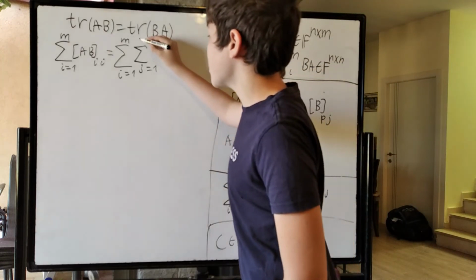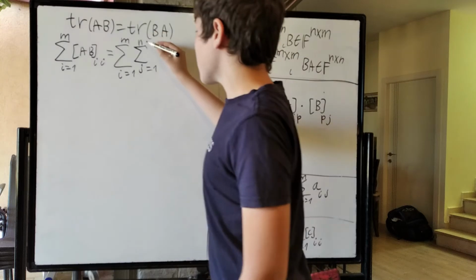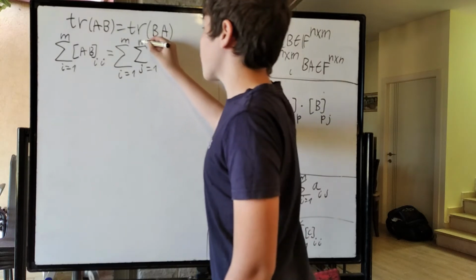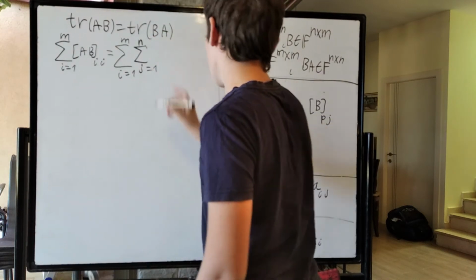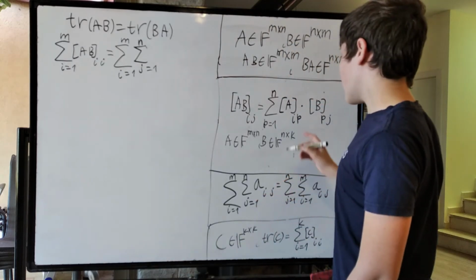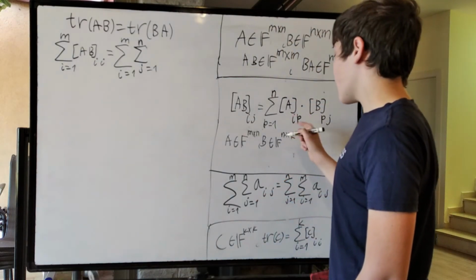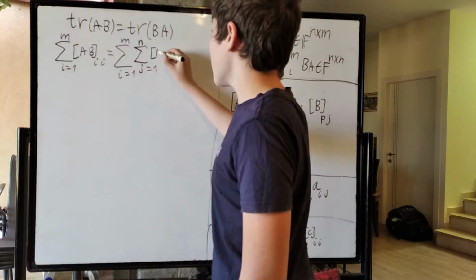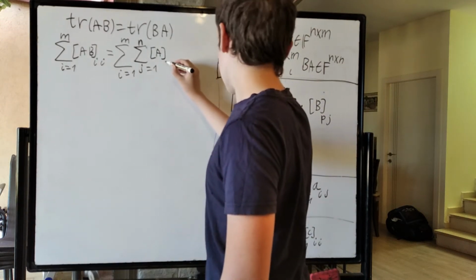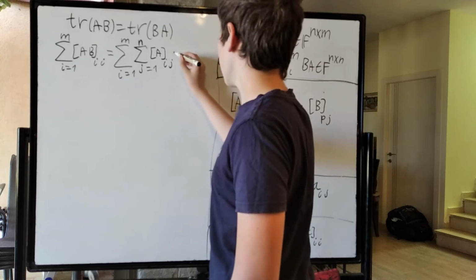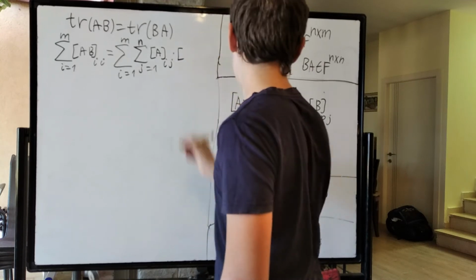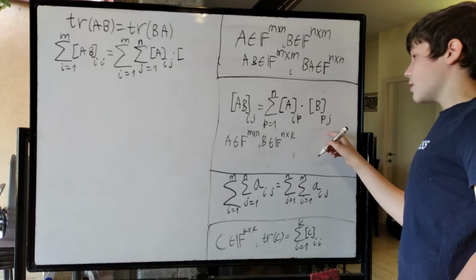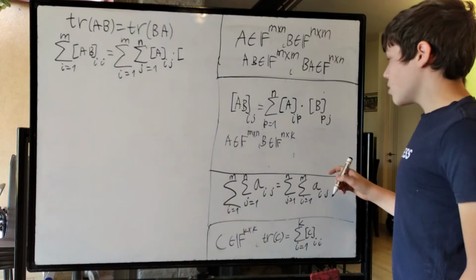So this is the sum as j goes from 1 to n of, now let's say we have A of i,p. p is j here, so this is A at i,j times B at p,j.